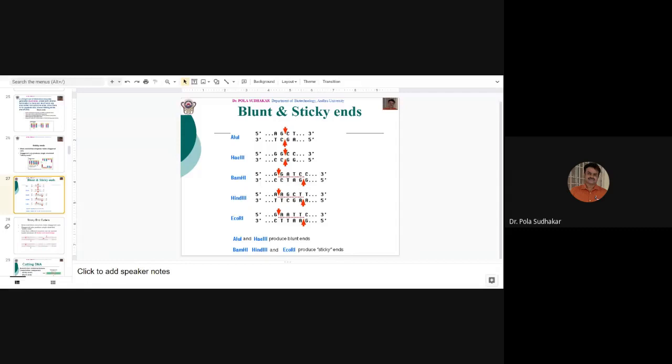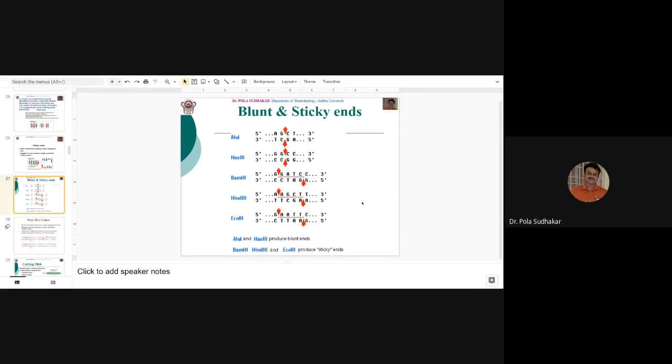Here you can see AluI and HaeIII. If you apply AluI and HaeIII, they produce blunt ends. And if you use BamHI, HindIII and EcoRI, they produce sticky ends. In the genetic engineering process, mostly we use EcoRI, HindIII and BamHI because they generate sticky ends.